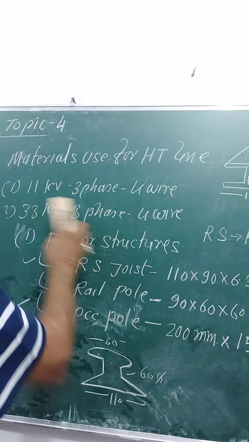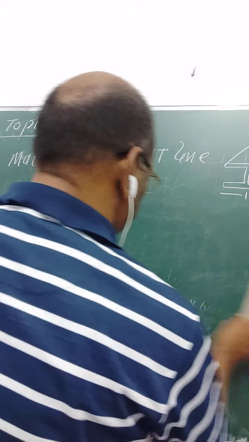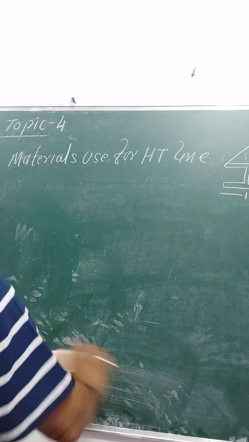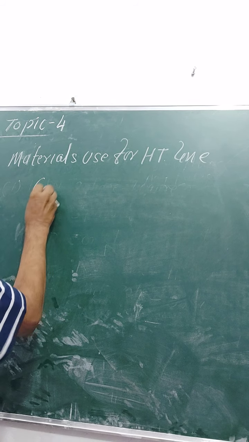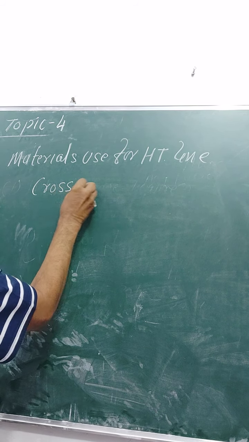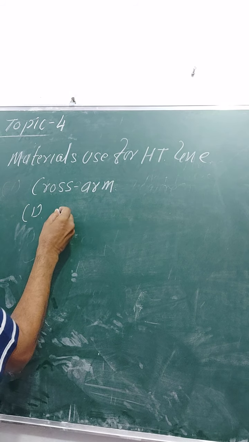The second item for HT line is cross arm. Cross arms are of three types.